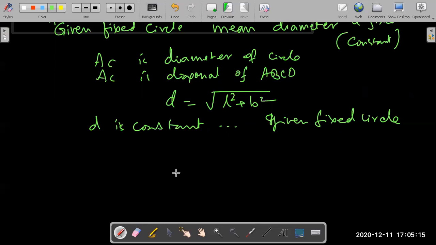Since D is fixed, both length as well as breadth can be changing. So if D is fixed, that means L and B are changing and D is fixed, which means area of the rectangle is fixed.